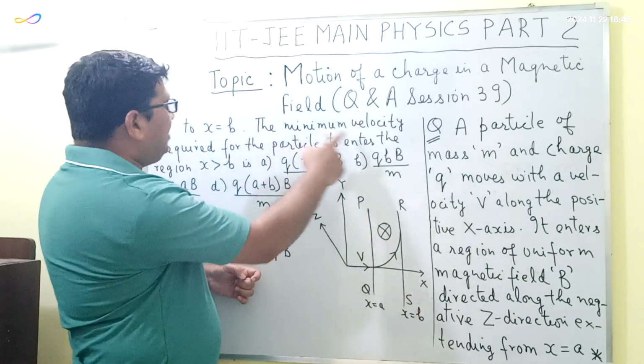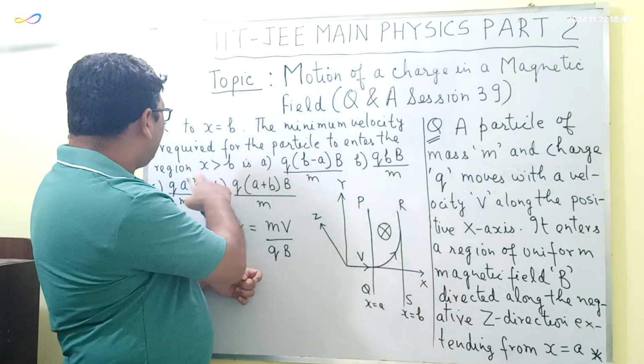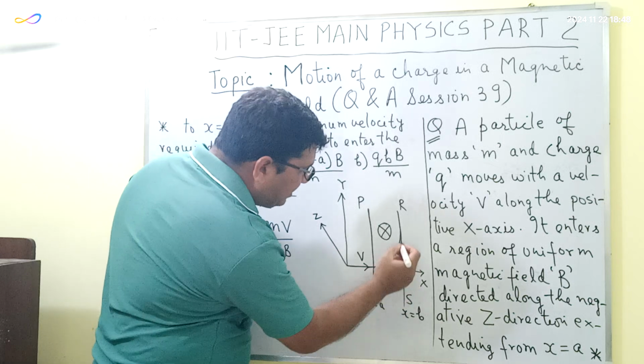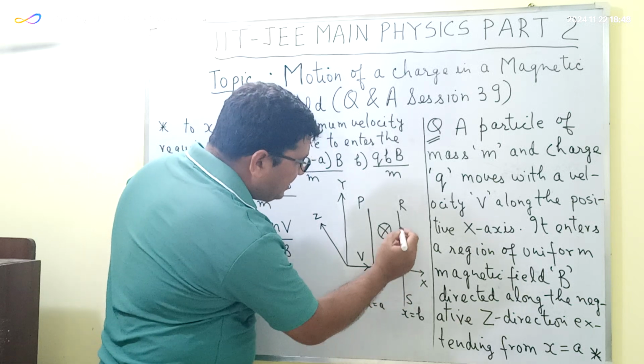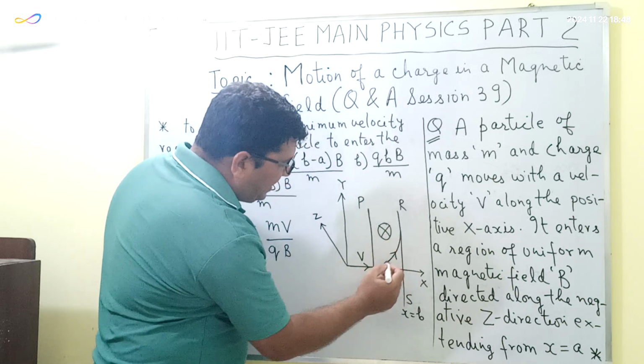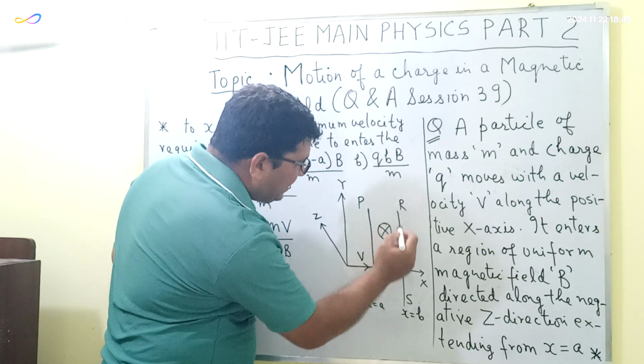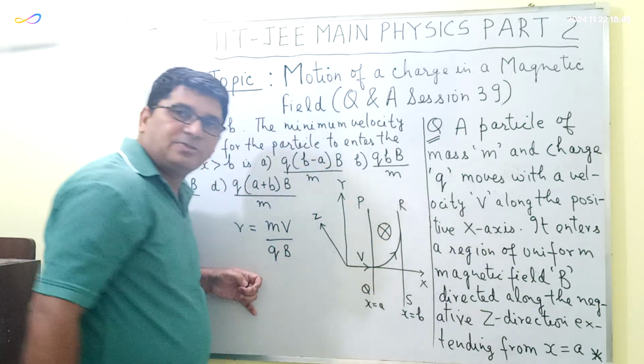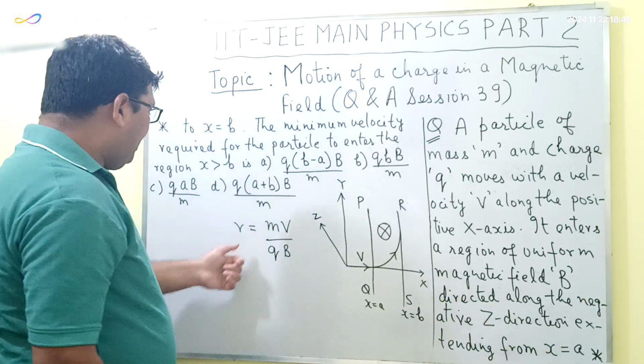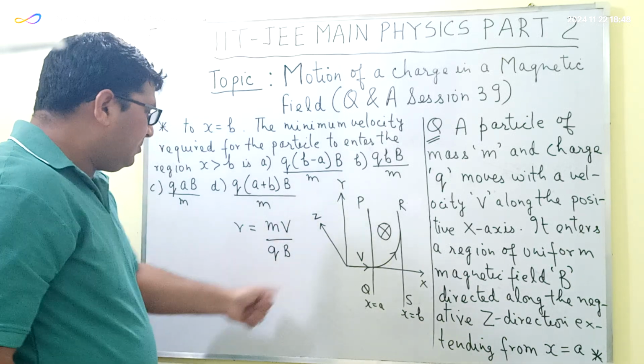So the minimum velocity required for the particle to enter the region greater than x equal to b means that we have to find the velocity such that this particle is able to touch this line RS, which is depicting x equal to b. So R is equal to mv divided by qB.